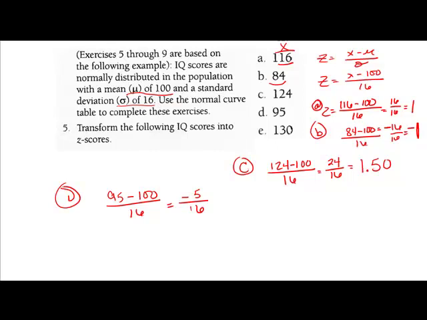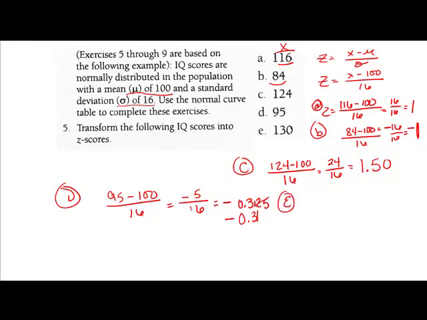Alright, let's do 5 divided by 16. That is equal to a negative 0.3125. Now our z-table is only going to go to 2 digits, so this would be a negative 0.31.